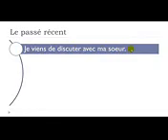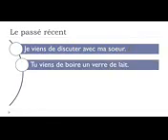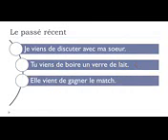Okay? Something that just happened. Alright? And then same thing here. Tu viens de boire un verre de lait. Boire, to drink, un verre de lait, a glass of milk. D'accord? Tu viens de boire un verre de lait. Same thing here. It just happened. Elle vient de gagner le match.